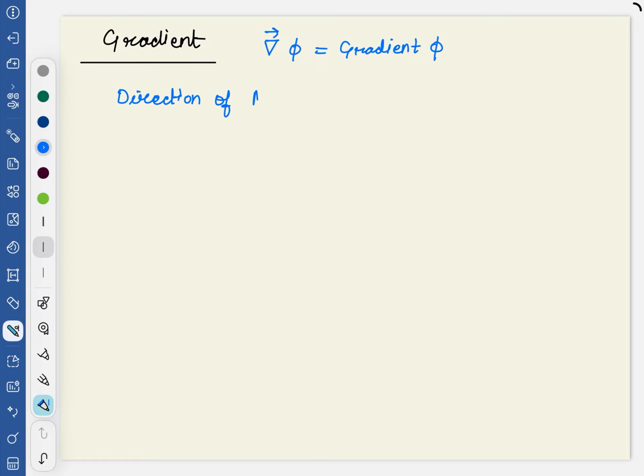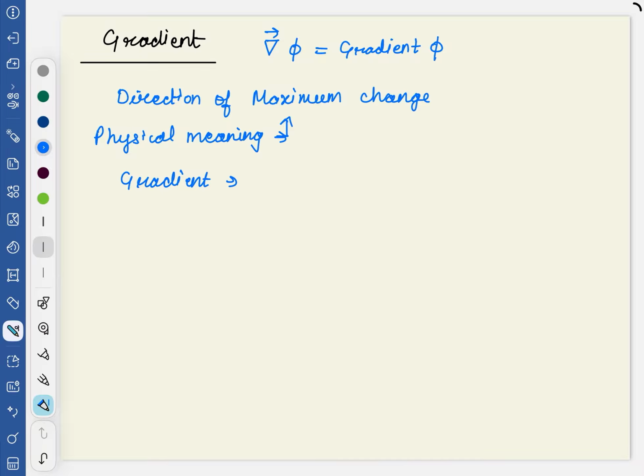The physical meaning of gradient is that it shows the direction of maximum change. Gradient is basically a directional derivative. For example, temperature gradient.